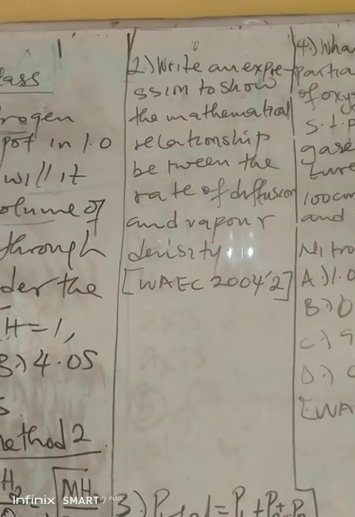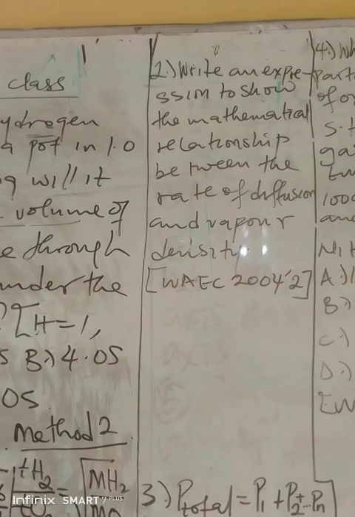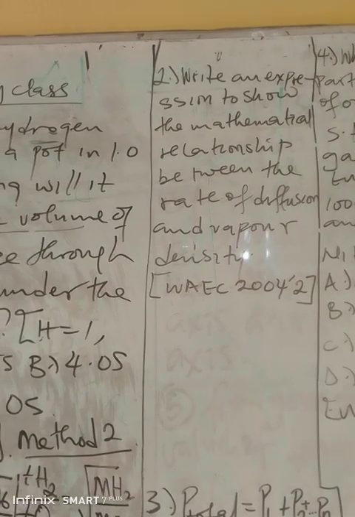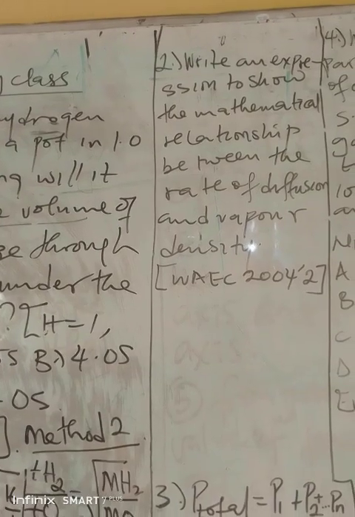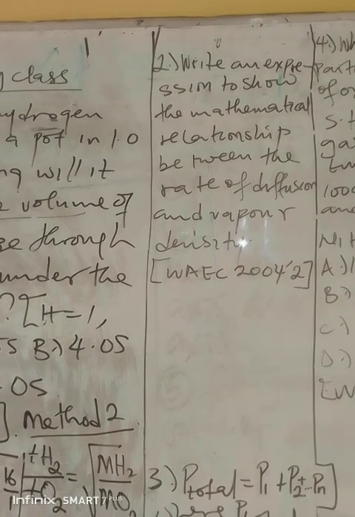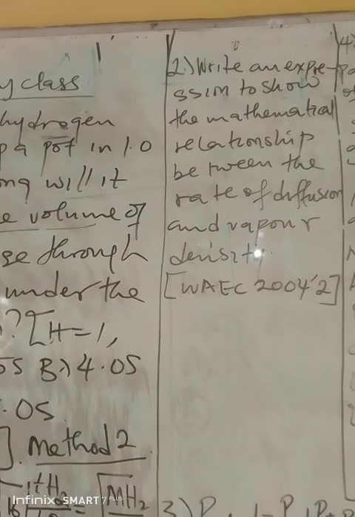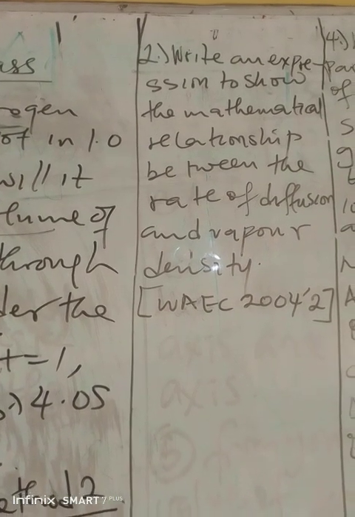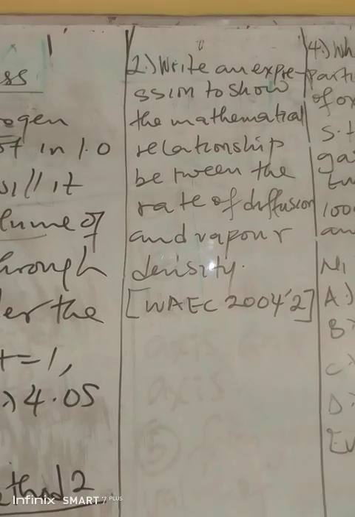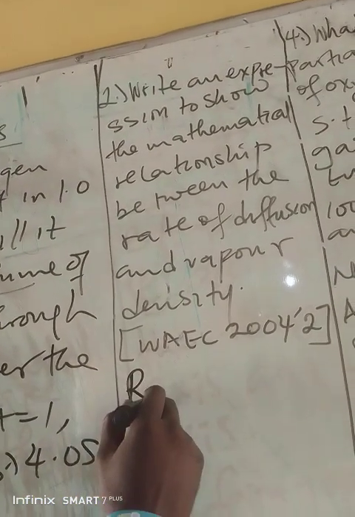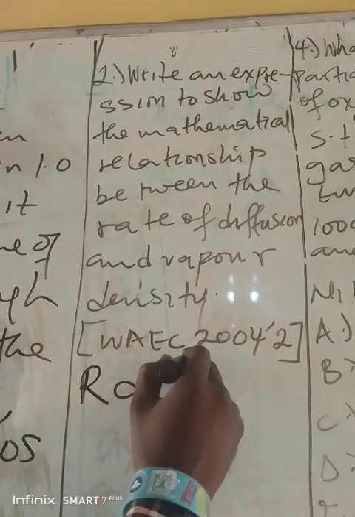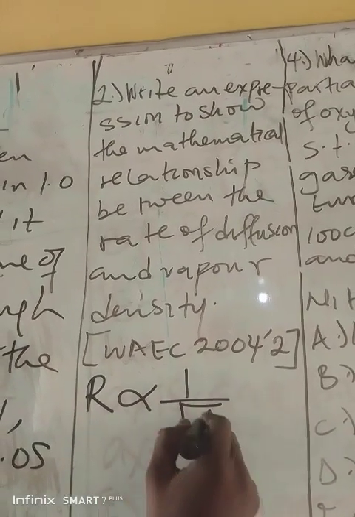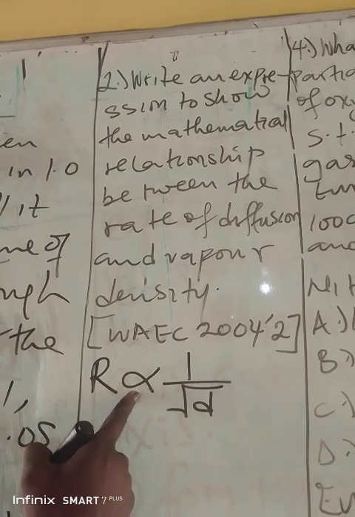Number 2: write an expression to show the mathematical relationship between the rate of diffusion and vapor density. According to Graham's law of diffusion, the rate of diffusion of a gas is inversely proportional to the square root of its density. So we use R to represent rate, which is proportional to 1 over the square root of density.